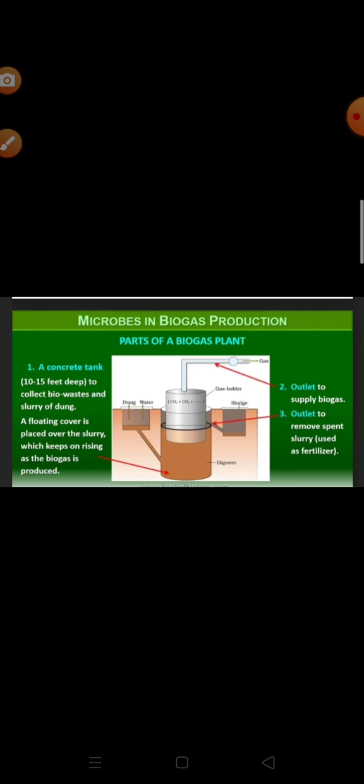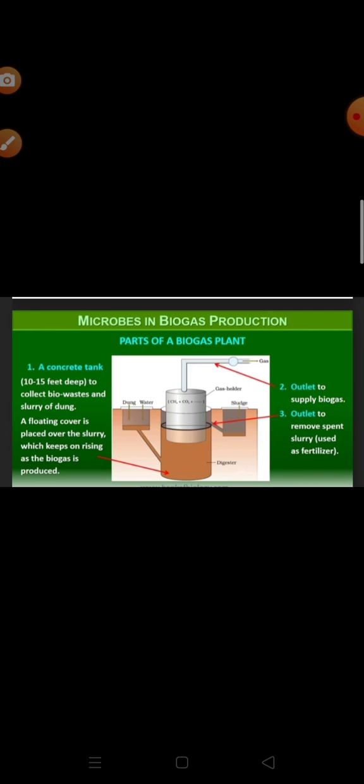The biogas plant has a concrete tank, about 10 to 15 feet deep, in which the bio waste and the slurry of the dung is collected first. The tank has a floating cover which rises on the production of the gas in the tank. Understood? Whenever the gas is produced in the tank, the floating cover of the tank rises up due to pressure.